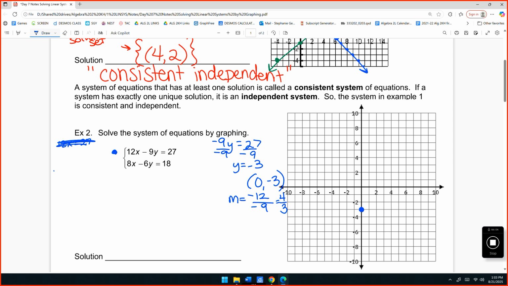So we go up 4, left 3. All right, okay. Let's see. Okay, that isn't terrible. There we go.